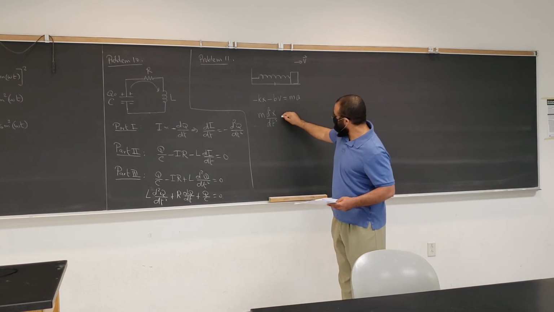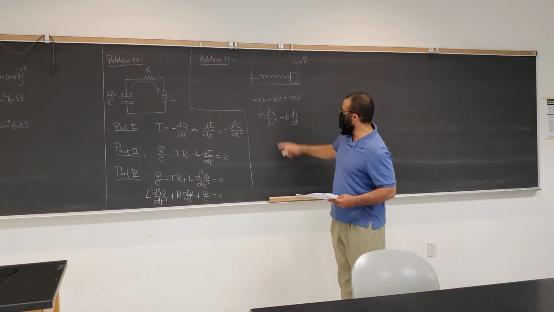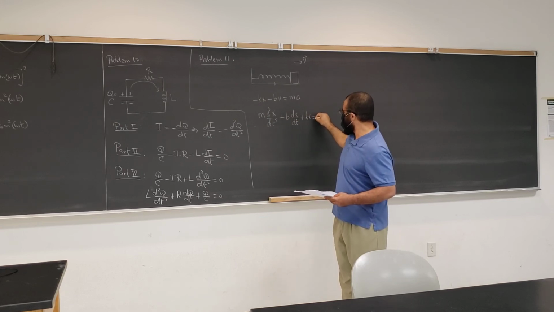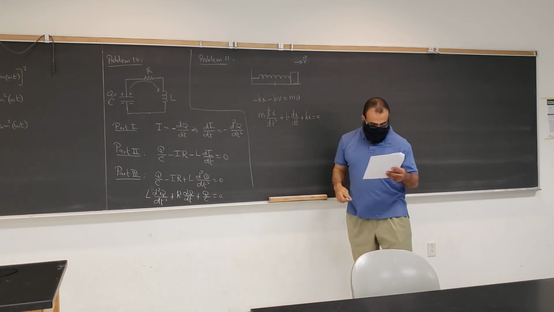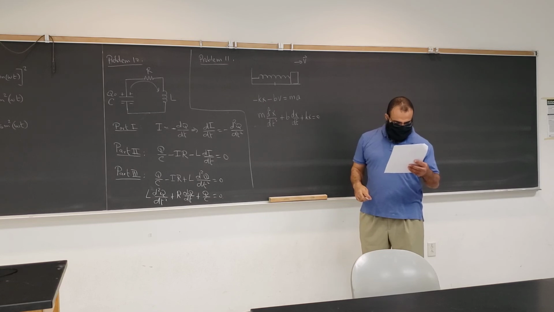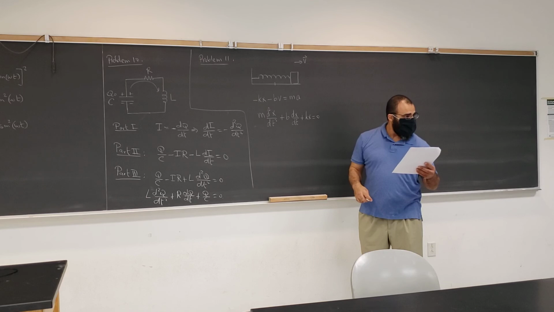Move this to the other side, you get plus b times v, but that's dx/dt, right? And then this one plus kx. Which one corresponds to this? B, right? Yeah, B.